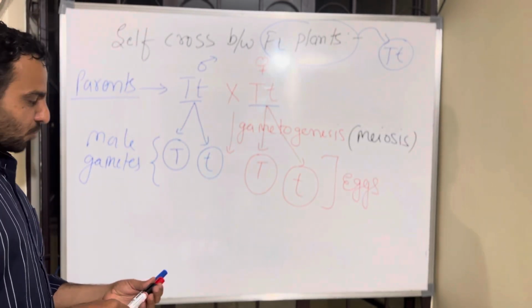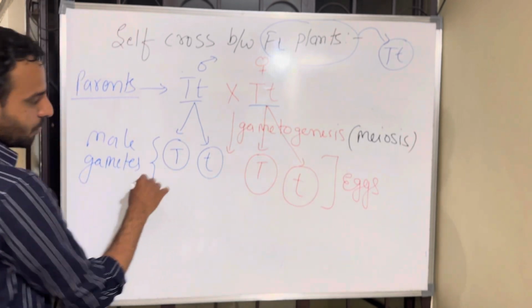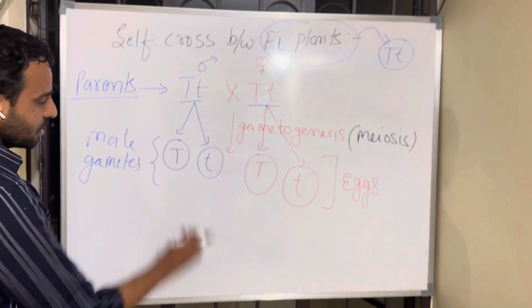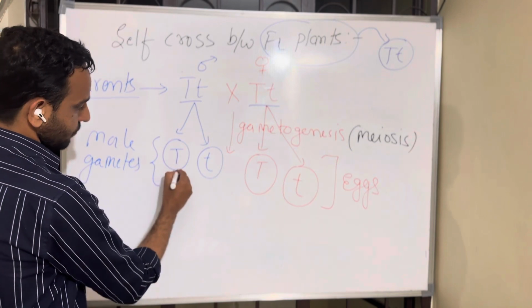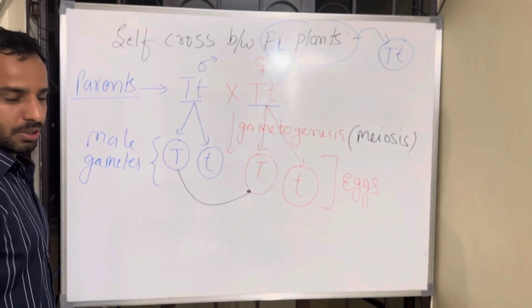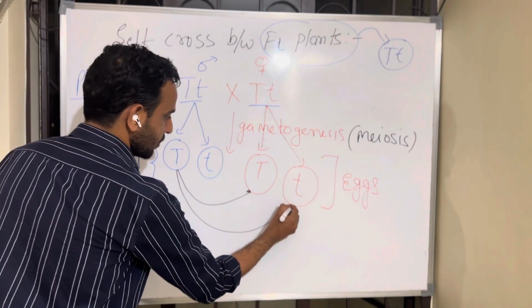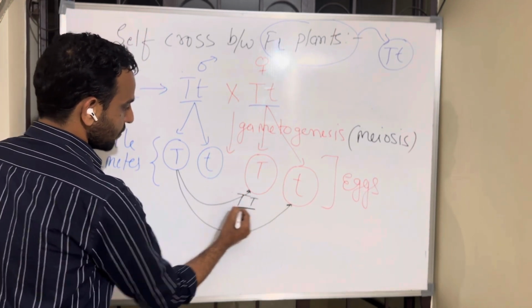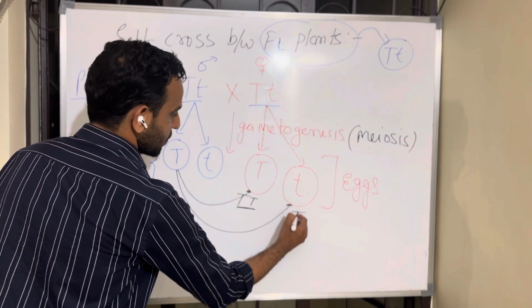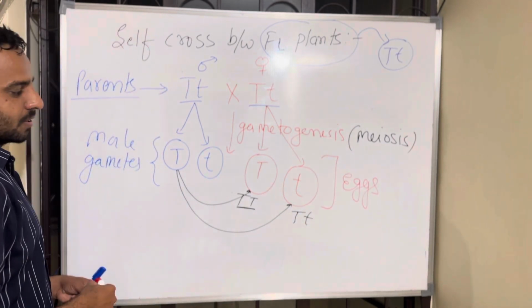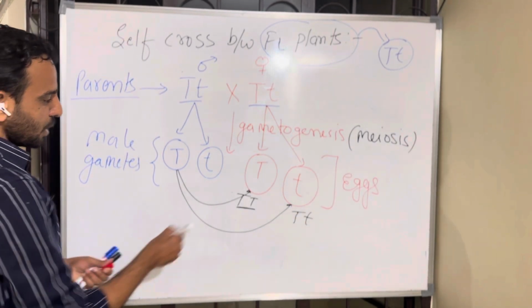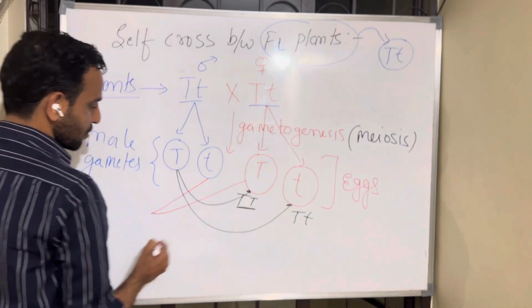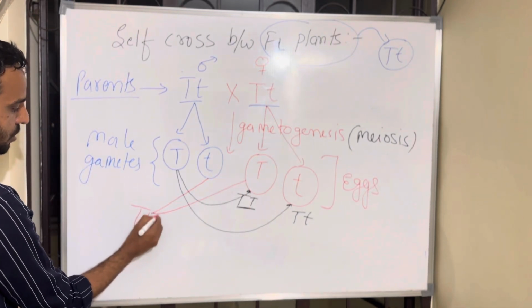So as you know, what can happen for fertilization? This gamete can fuse with this one, this gamete can fuse with this one, or this gamete can fuse with this one. So what will we get here? Capital T, capital T. Here we will get capital T, small t.